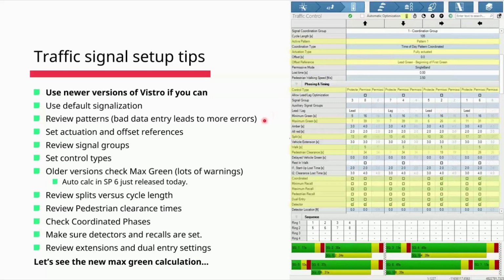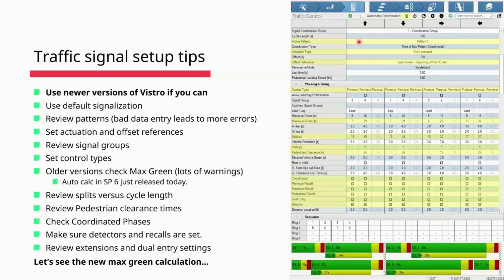One thing we've recently added is patterns. Again, if you were on the last PTV talks, you saw us talk about these active patterns. You can now add many patterns to Vistro, meaning you can have multiple timing plans assigned to the controller. That's good if you do it right. It's bad if you add a bunch of patterns and forget to change and modify them correctly, because when you bring them into Vissim, that's more opportunities for errors to pop up if you neglected to update those patterns.